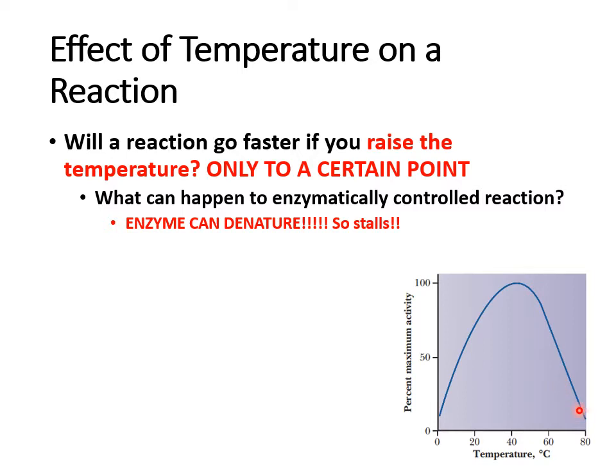The reason is what happens to enzymes, which are proteins, at high temperatures? Well, they denature, right? If the enzyme is denaturing, then you are going to stall or stop that reaction from occurring. So above a certain temperature, the reaction will no longer go faster. Instead, it will go slower and the activity may completely stop.